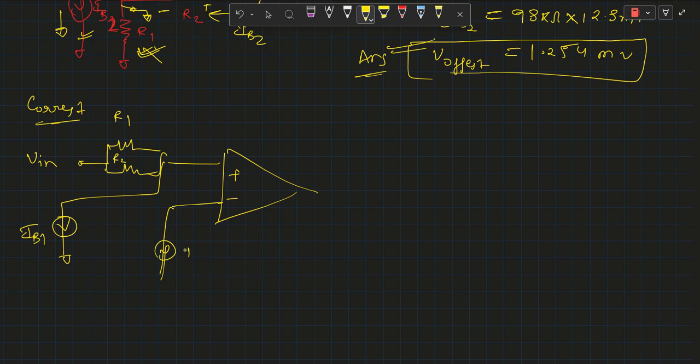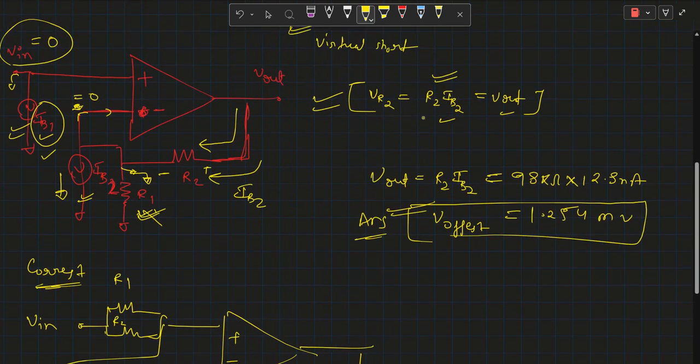This is ground, and this is V in, and this is IB2, with R1 and R2. Okay, so this is a correction method.